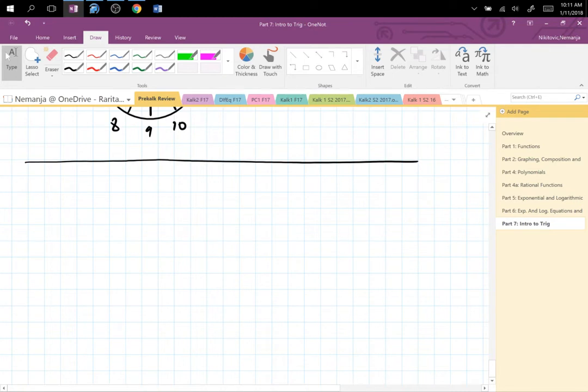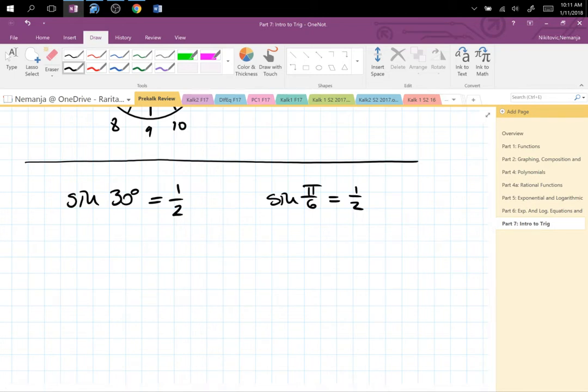You might know already that sine of 30 degrees is 1/2. You might also know that sine of pi over 6, which is 30 degrees, is 1/2. So these are two different ways of writing the same thing, one in terms of degrees, one in terms of radians.